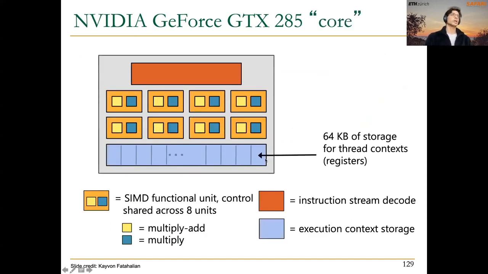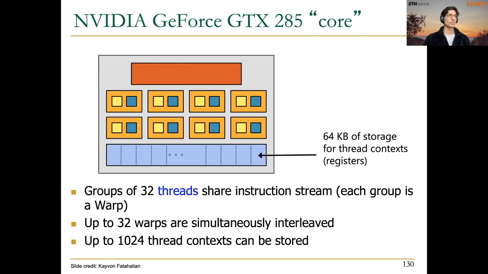If you take a look at the internals, you will see something like this. Observe that there is an execution context storage, instruction stream decode, and then we have the SIMD functional units that contain multiply, add, and other functional units as well.